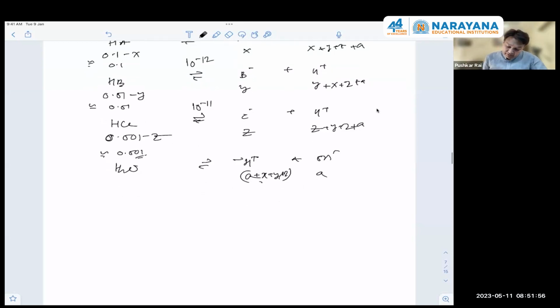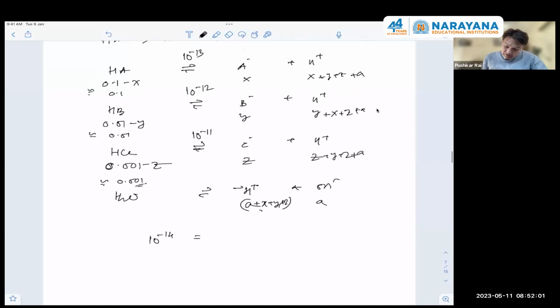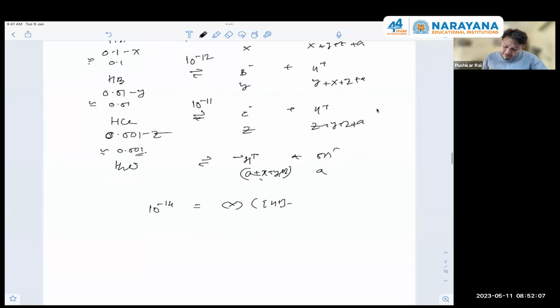So we have three equations. 10 to the power -14 is equal to x into x plus y plus z. I will write it simply as H plus, later on I will replace. Similarly, 10 to the power -14 is equal to y into total H plus at equilibrium. 10 to the power -14 is equal to z into H plus, and Kw is also 10 to the power -14. That is also a into H plus.